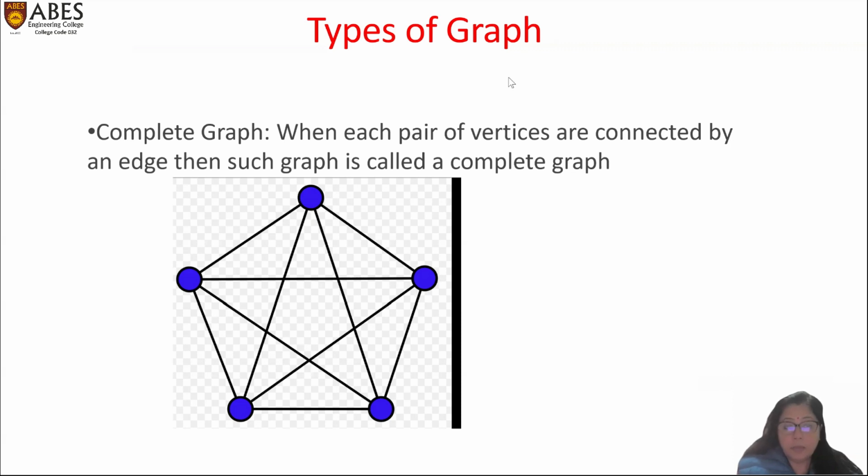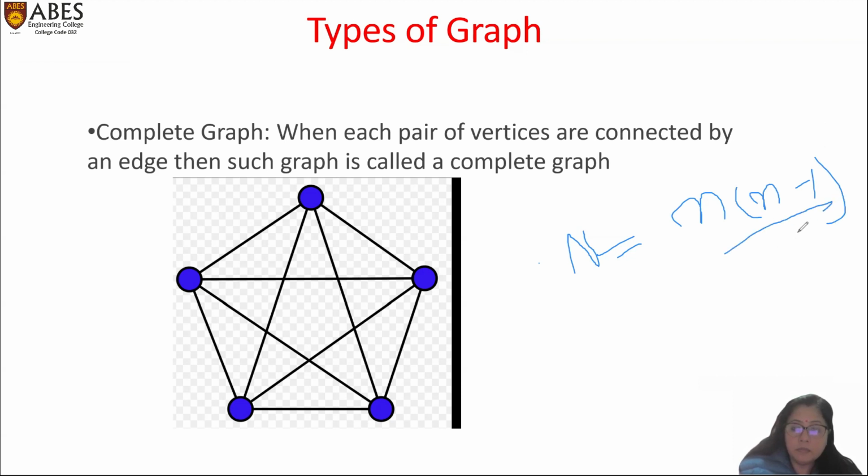See here, basically, there is a formula for this. Suppose there are n vertices in the graph, then how many edges are there? n into n minus 1, divided by 2.